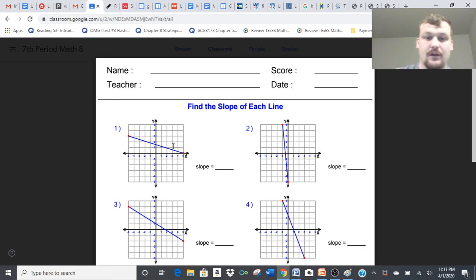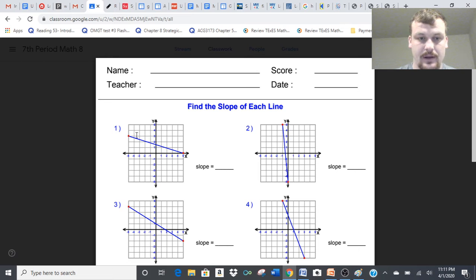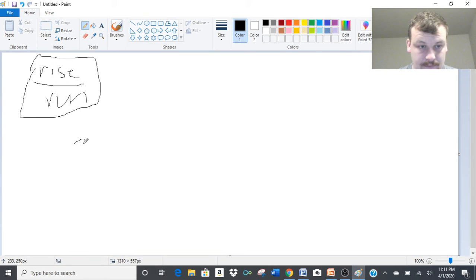And now we have to figure out our run, which is horizontal. So counting from our 3 right here, we're going to go 1, 2, 3, 4, 5, 6, 7, 8, 9, 10. So that comes out to be 3 over 10.